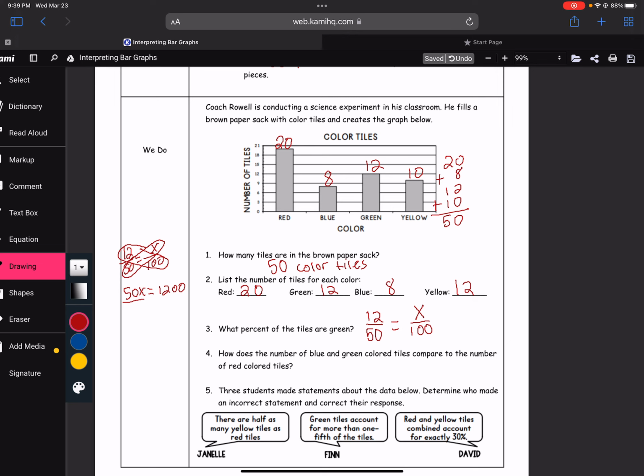Then I do the simple process to solve for x, and I divide by 50. So x equals 1200 divided by 50, which will give me 24. So that 24 can be expressed as 24%.